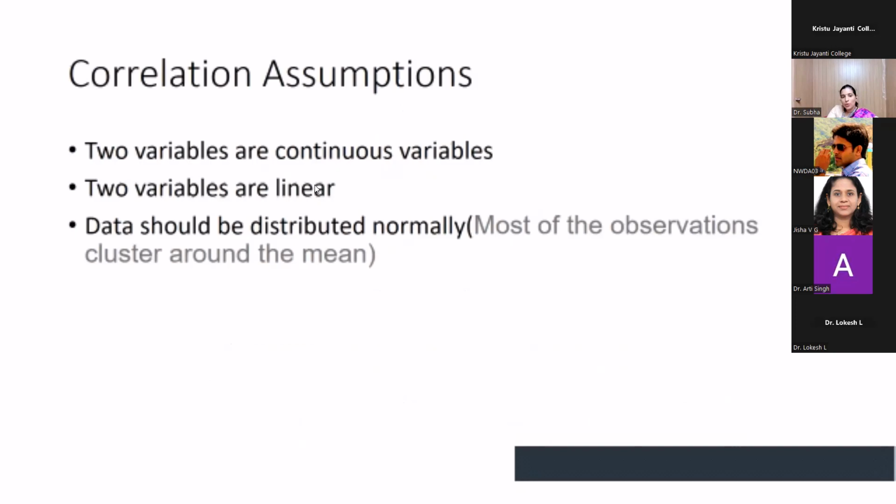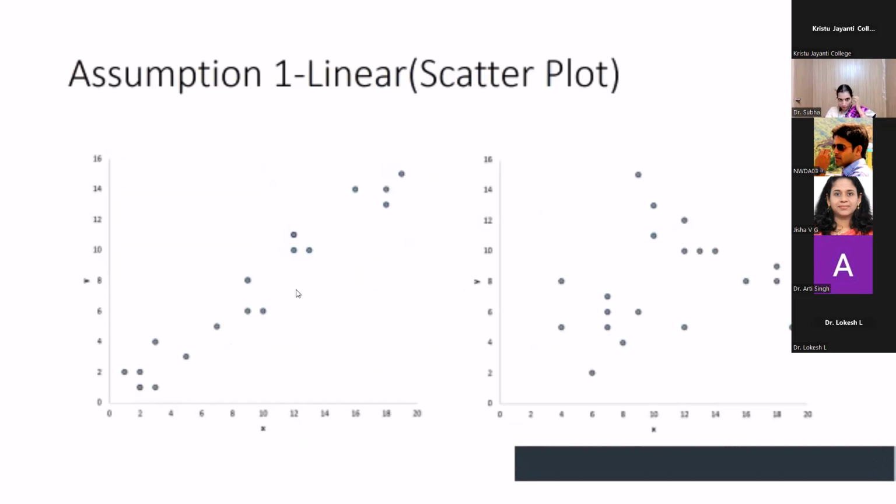What do you mean by two variables being linear? When you plot the x variable and the y variable, the data should be arranged in such a way that it forms a straight line.